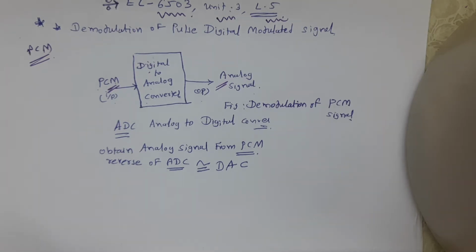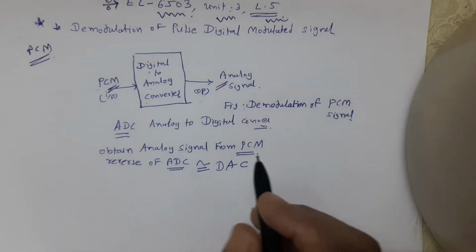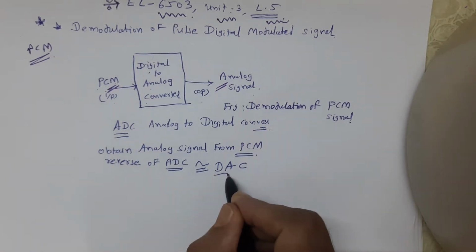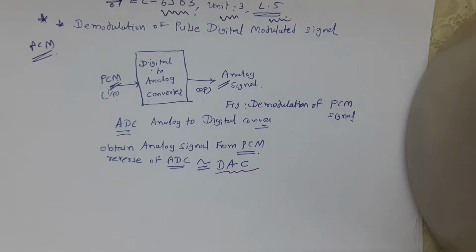For obtaining PCM from the analog signal, ADC was employed. ADC means analog to digital converter. Therefore, to obtain the analog signal from the PCM, the reverse of the ADC, which is named DAC, digital to analog conversion, is required.